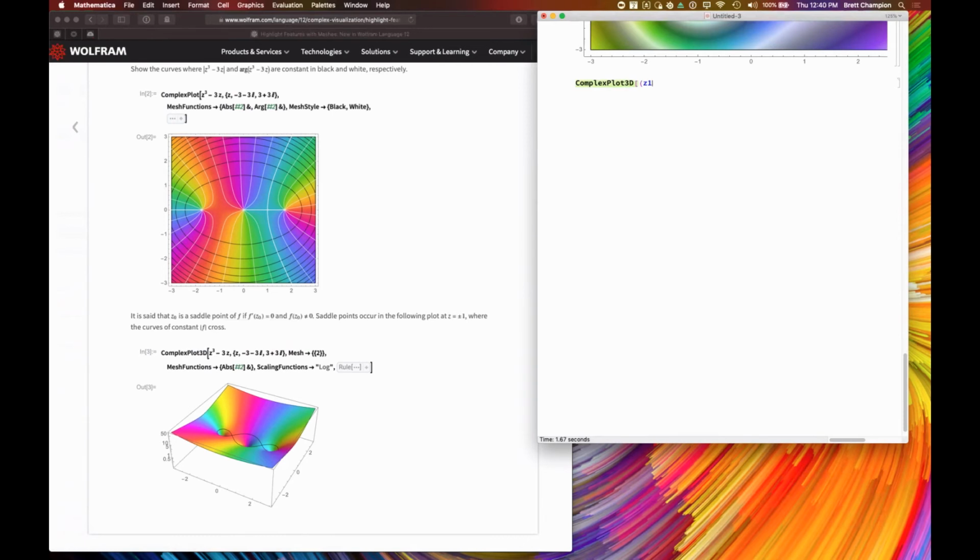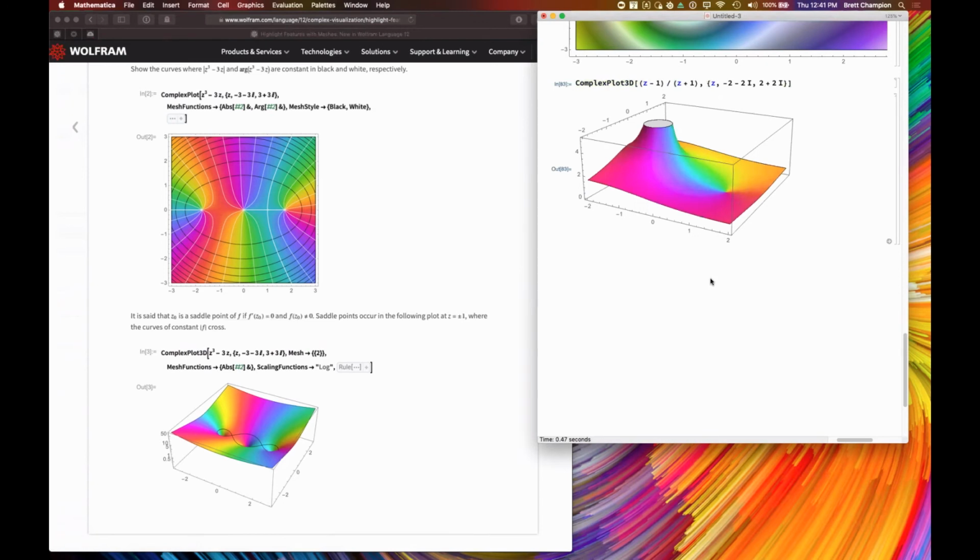It can be a little hard sometimes to see that 0. But if you set the scaling function to log, that tends to bring the 0 and the pole onto a symmetric scale.